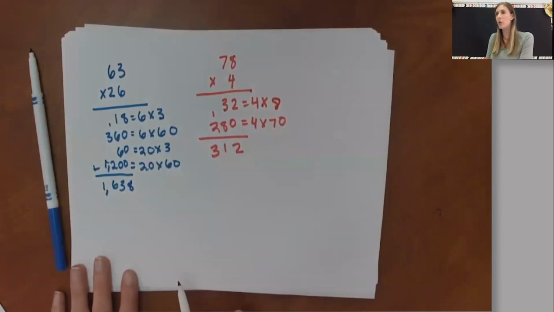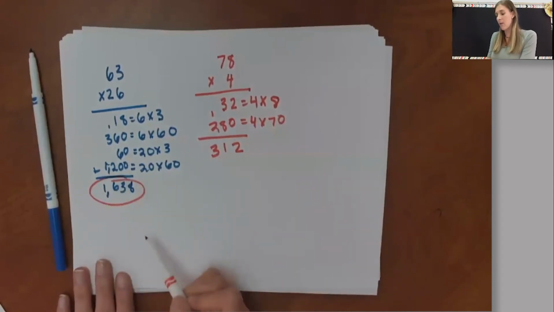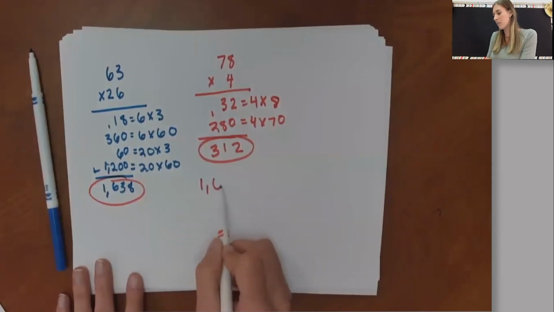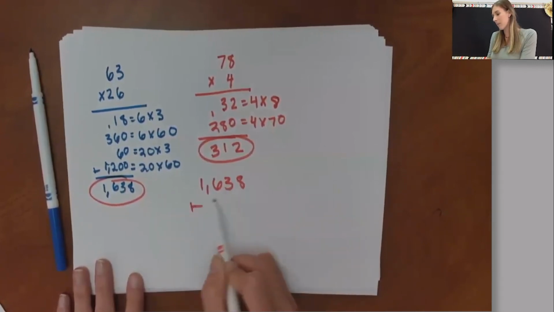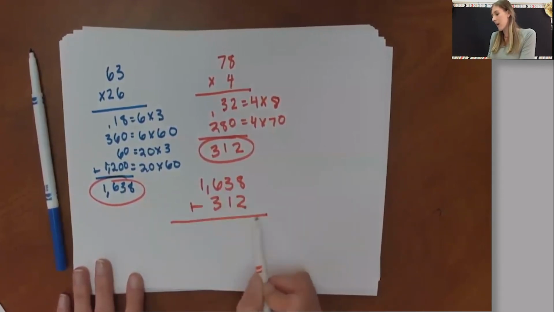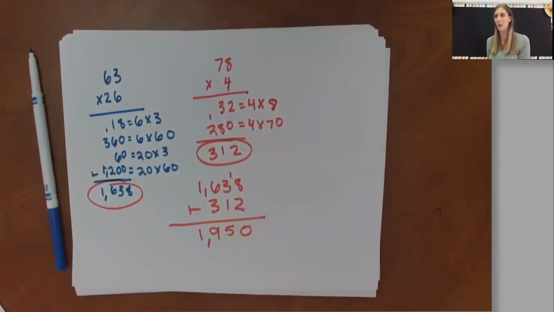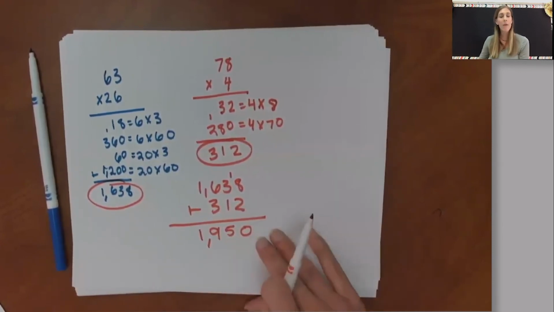I get 312. Then I have to add the Monday through Saturday papers together with the Sunday papers. And we can see that altogether he delivered 1,950 newspapers. Great job.